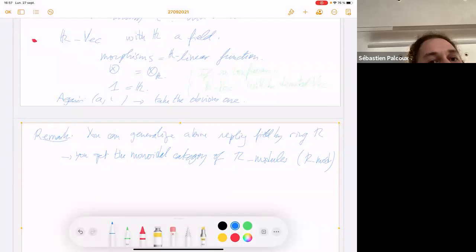You should assume the ring to be unital commutative. So you replace the field by any unital commutative ring, and you extend the previous example to the category of R modules. This is almost the same thing.